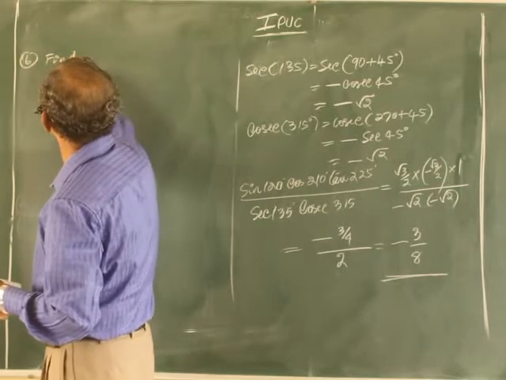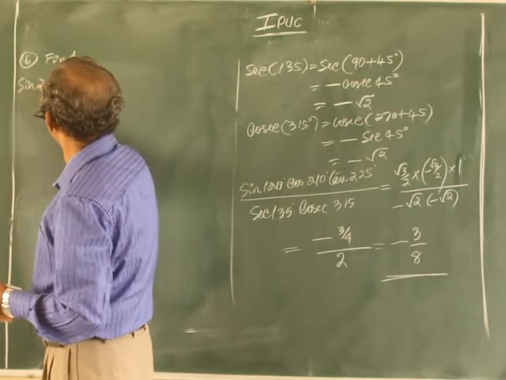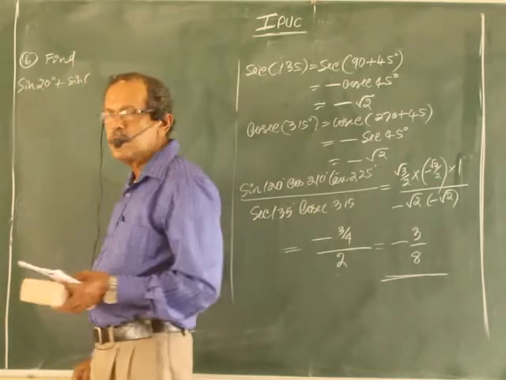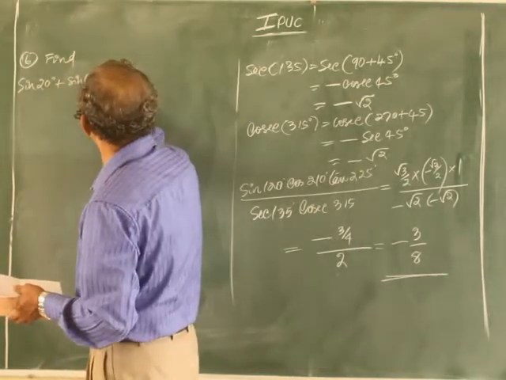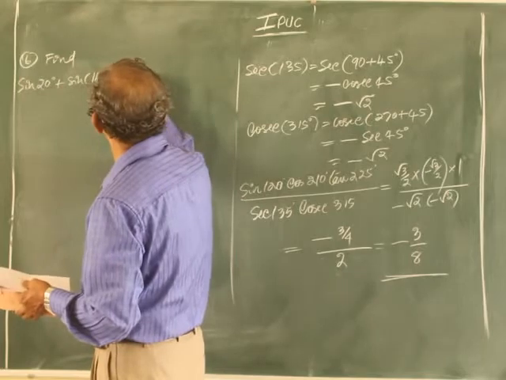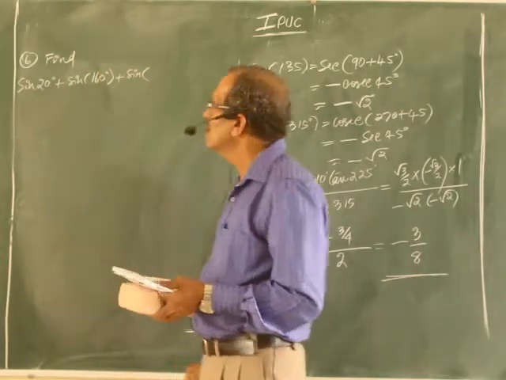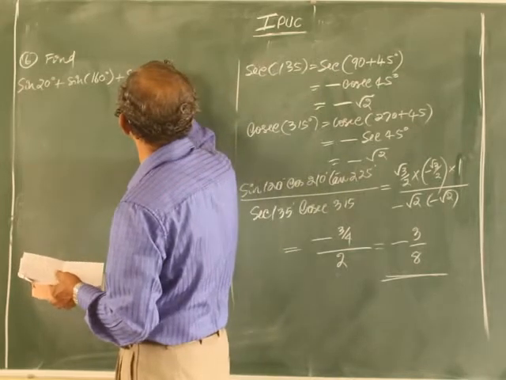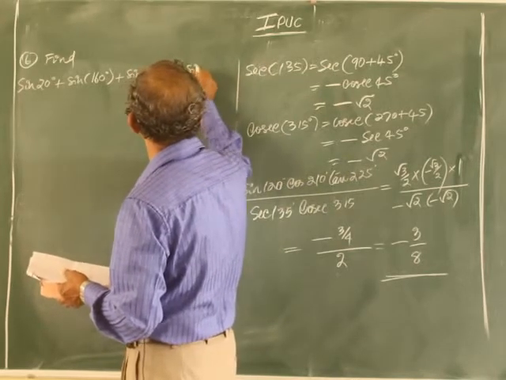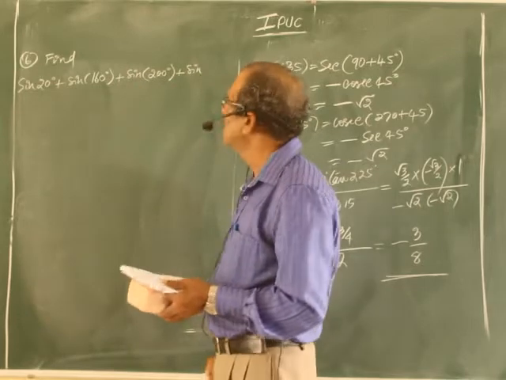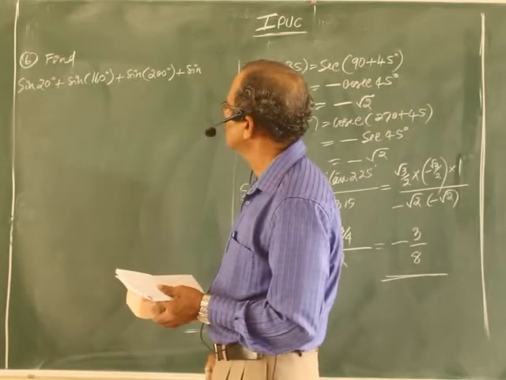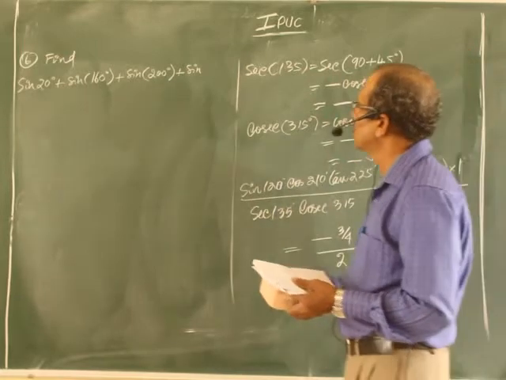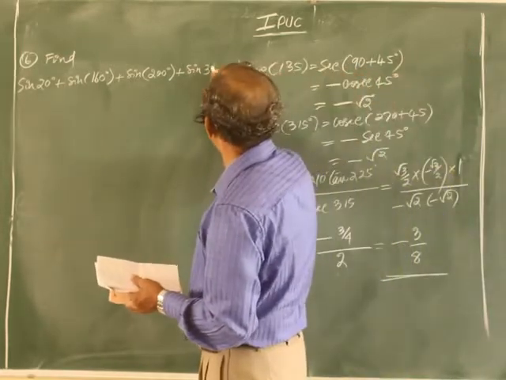Find sin 20 degree plus sin 160 degree plus sin 200 degree plus sin 340 degree.